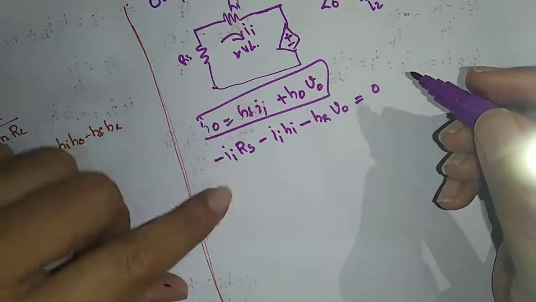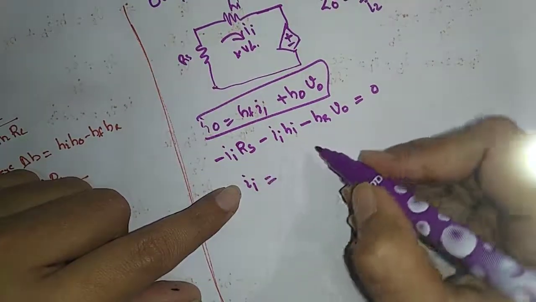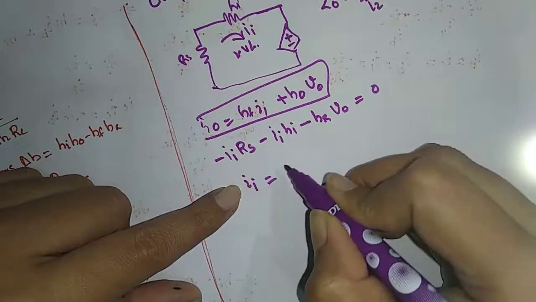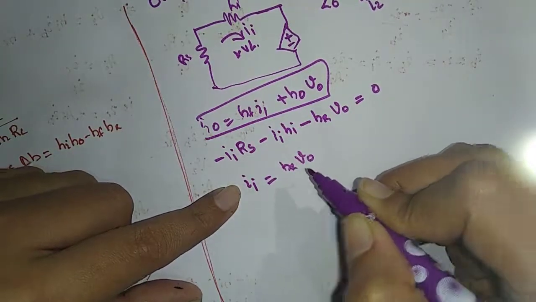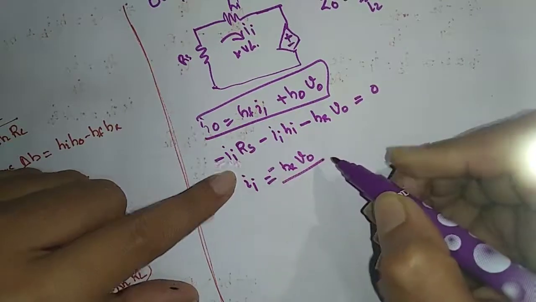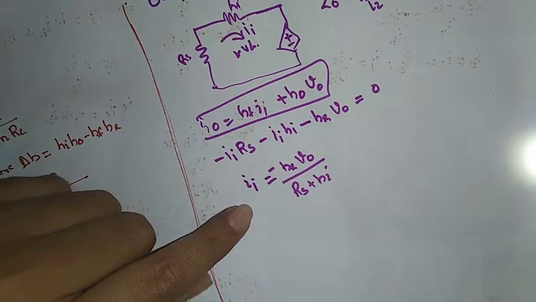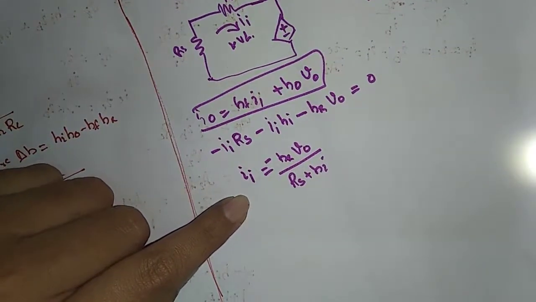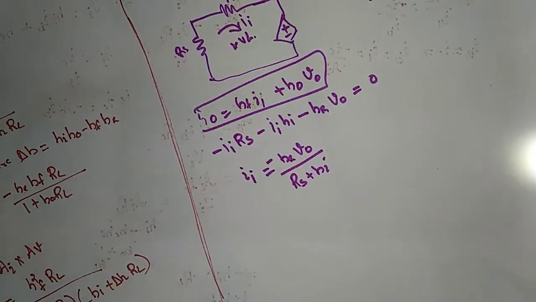So I can find out I1, my input current, is equal to minus hr V0 divided by RS plus hi. I can write my input current like this, isn't it? And if I substitute this, Z0 is equal to V0 by I0.